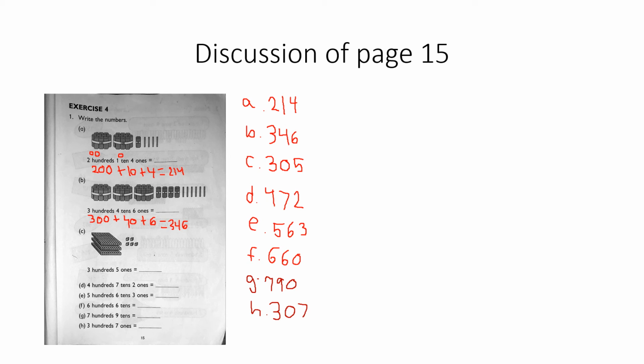307. Okay, so let's discuss page 17. In page 17, it says letter A, 100 plus 70 plus 5. And if you saw discussion of page 15, you would see that I did exactly this form when doing the exercises. So let's see, we have letter A, and it says 100 plus 70 plus 5.